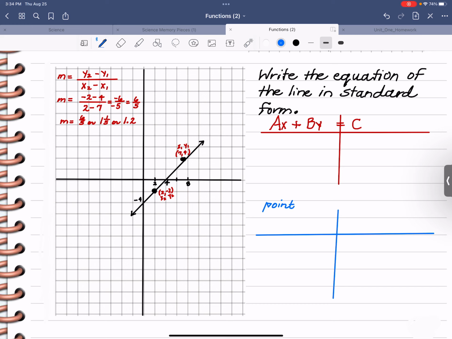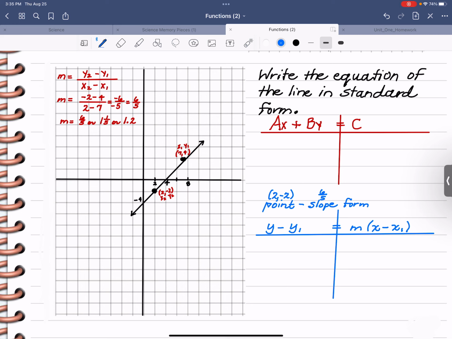And I'm going to use, I believe, the 2, -2. You could use either one of them, but these are smaller numbers. We do know slope. We just found it. And I'm going to leave it in the fraction form of 6/5. So I'm going to put this outfit on and see what we can come up with. So the pattern says y minus y1 equals m times x minus x1.